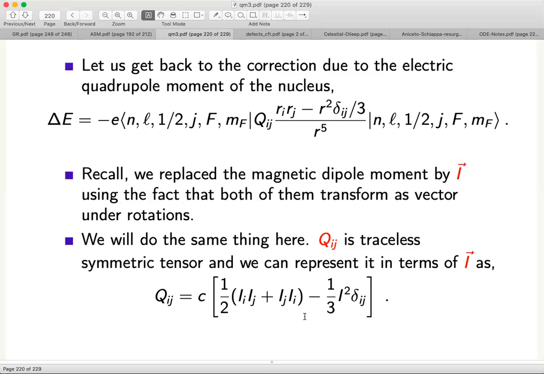And a spin 2 object in the SU(2) or angular momentum representation theory also has 5 components. So you can think of Qij as a spin 2 representation in terms of the angular momentum algebra, which of course we will write in terms of the spherical vectors in this particular form.